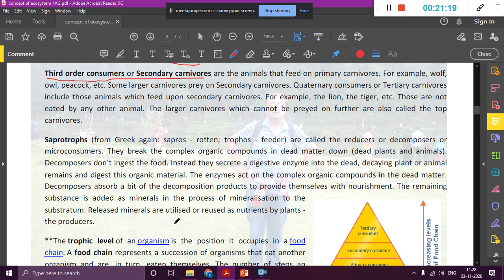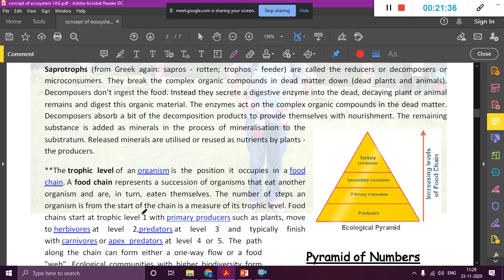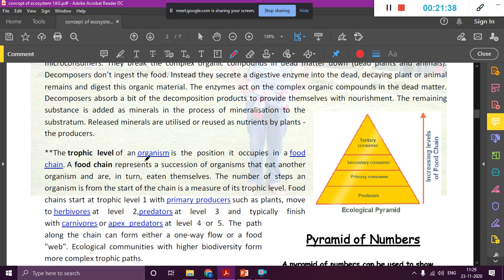If you are burying them, it will happen under the ground, and the inorganic compounds are released, mineralization takes place, and they are released back into the soil for your plants to take up. So this is how it goes. The trophic level of an organism is the position it occupies in a food chain.